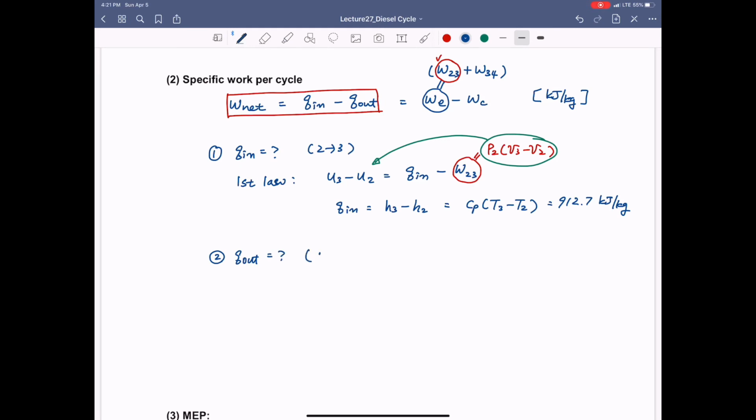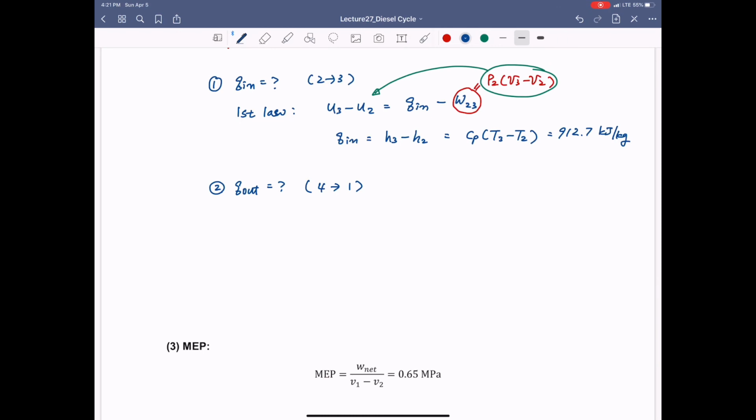Now, how about Q out? That is the process from 4 to 1, and in the same way we use the first law of thermodynamics: U1 minus U4. Remember, in that case 4 is the initial state and 1 is the final state. So that is minus Q out because that is heat loss, and minus W41, but that should be 0 because that is constant volume.